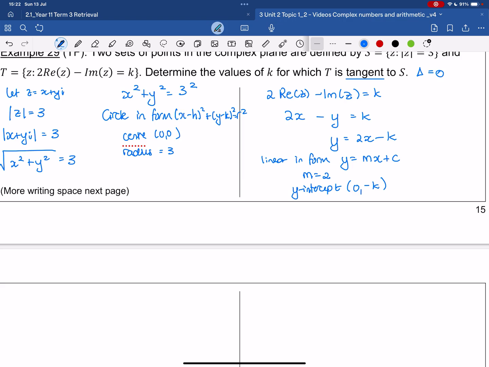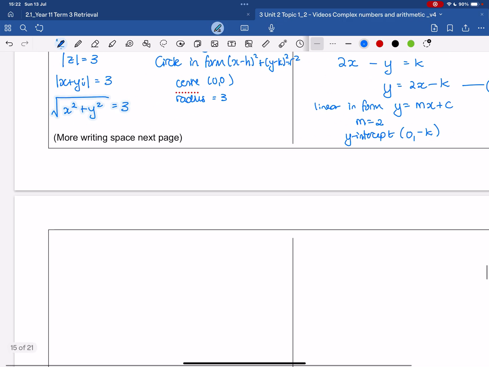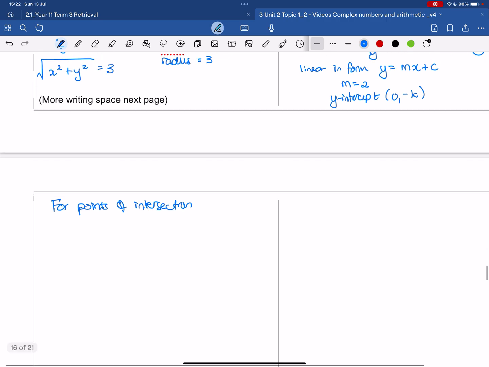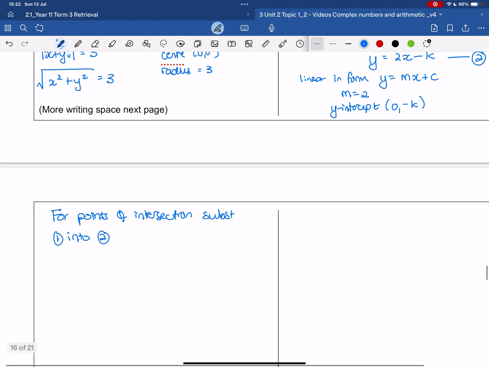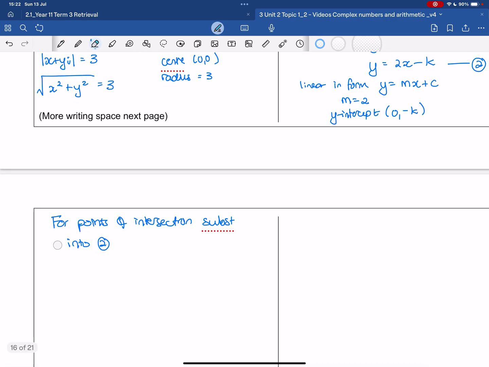Now, the cool thing about this is we've got one equation here and another equation here, and in order to figure out how many times they intersect each other, I'm going to need to solve simultaneously. So for points of intersection, we substitute 2 into 1.